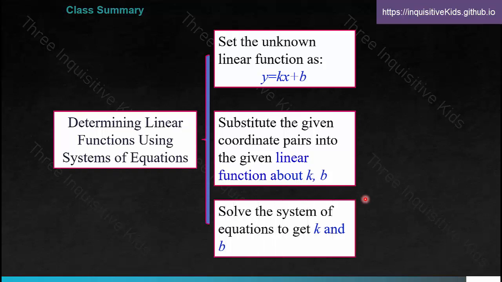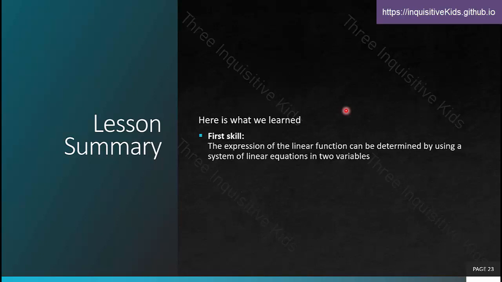Solve the system of equations to get k and b's values, and then substitute those back into the linear function, and then you have the answer, you have the expression. The skill we learned today is that the expression of the linear function can be determined by using a system of linear equations in two variables.